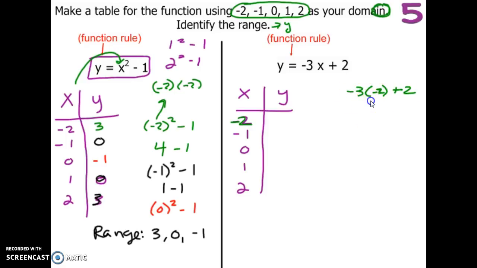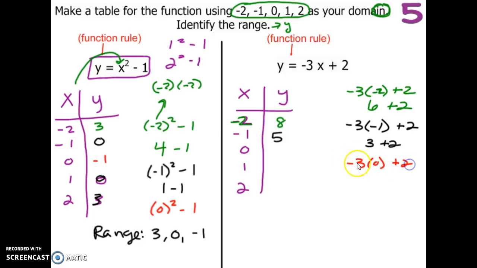So these multiplied give us 6, and 6 plus 2 is 8. Next, same thing. Negative 1 we're plugging in. Negative 3 times negative 1 makes a positive 3. 3 plus 2 is 5. Then plugging in a 0, anything times 0 is 0, so 0 plus 2 is just 2.